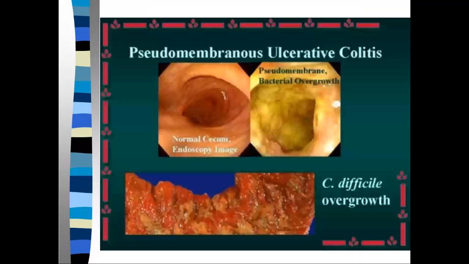So this is, again, a colonoscopy showing the difference between the normal cecum and the abnormal bowel with the presence of pseudomembranes, and what C. diff looks like in the bowel. It's certainly, I think everyone here would say, not a pretty sight.